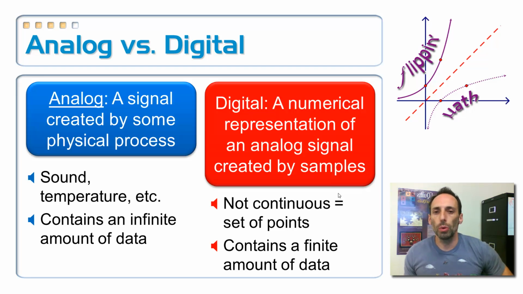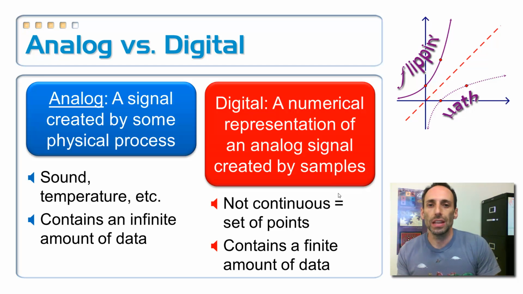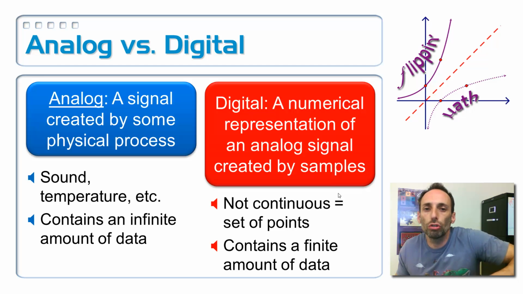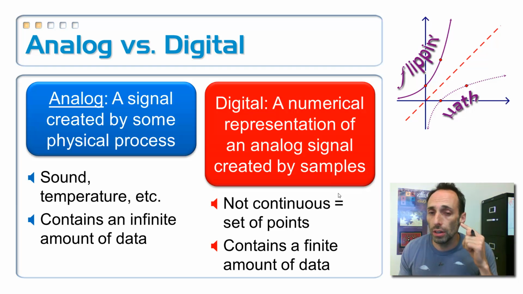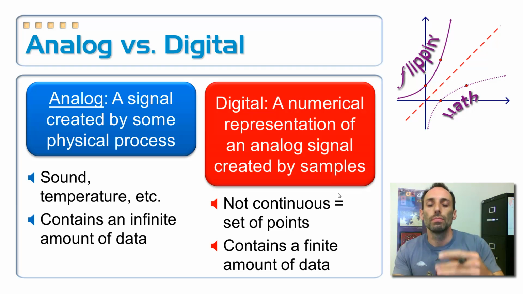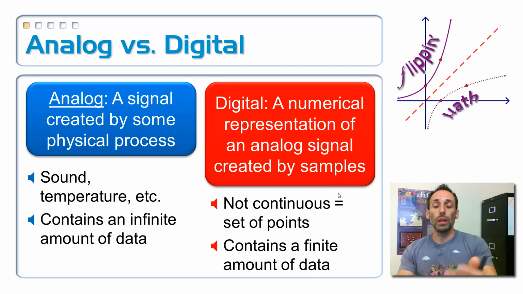Okay, so here's what these things are. An analog signal is one that's created by a physical process. If I pick up a guitar and I strum it, the music that I hear from it is an analog signal. Also, if you're playing music from a speaker, it's moving the air backwards and forwards. That's a physical process. It's making an analog signal.